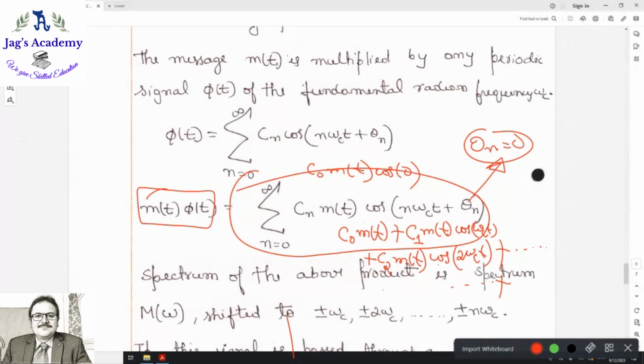Which term? Just check. Is it only except the first term? I want an answer from you. First term, second term, third term, fourth term, and the lot of terms. Which is your double sideband suppressed carrier EM wave in that?